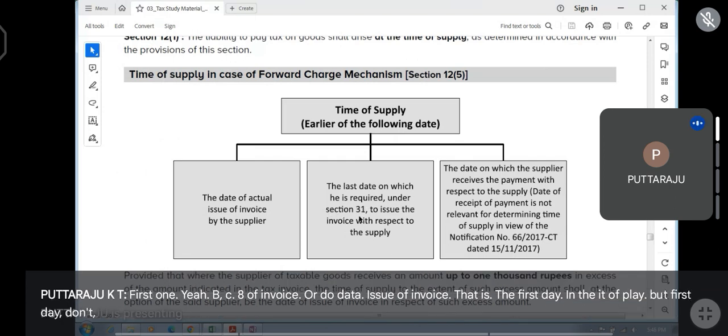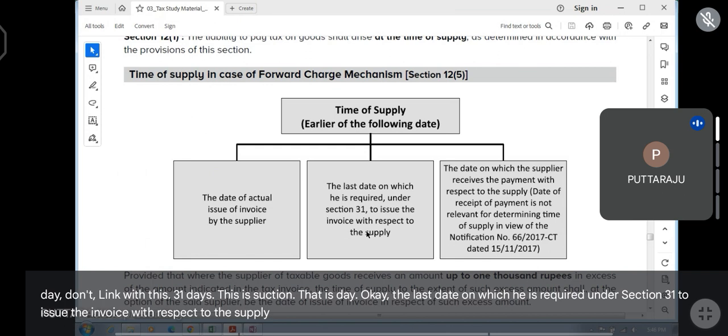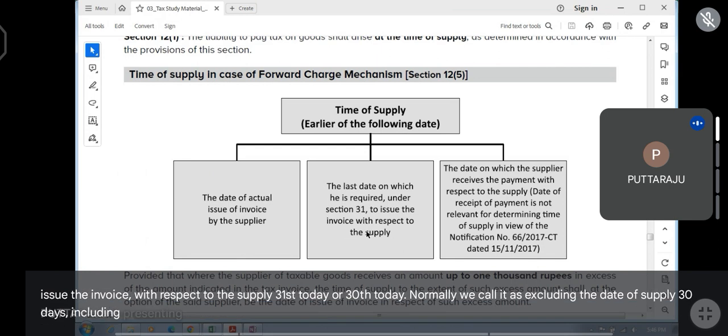Don't link with this 31 days. This is section, that is day. Okay, the last date on which he is required under section 31 to issue the invoice with respect to the supply. 31st day or 30th day, normally we call it as excluding the date of supply 30 days, including date of supply 31st day. The date on which the supplier receives the payment.